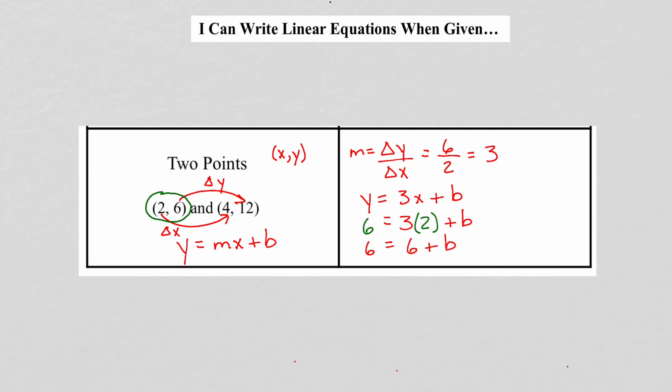Then if I subtract 6 from both sides, in this case, 6 minus 6 is 0, so I end up with 0 equals b. That's okay, guys. 0 is a legitimate value for the y-intercept, and we don't say that it doesn't have a y-intercept. We say that the y-intercept is 0. In other words, this line crosses the y-axis at the origin, or the point (0, 0). Okay, so we can write the equation y equals 3x, and that's it.